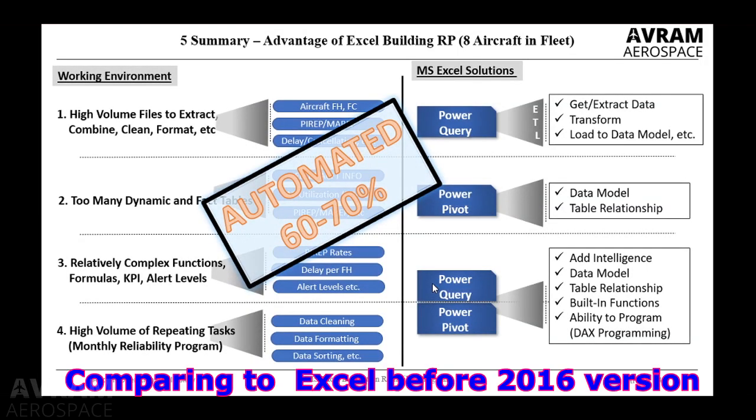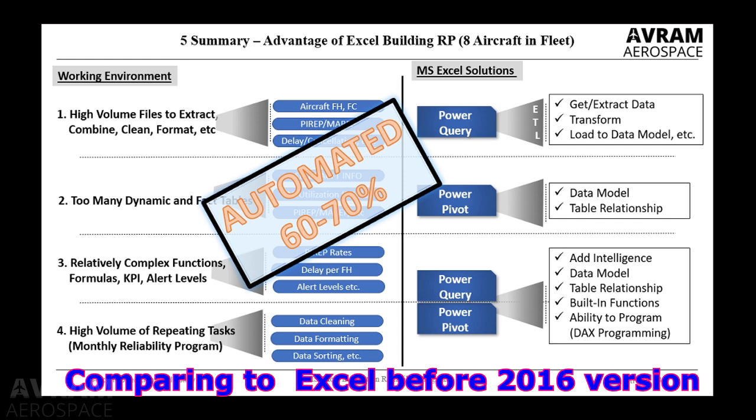We can automate approximately 60-70% of tasks. I'm on the conservative side because it depends on requirements, right? But we can say a minimum of 60% of tasks using new Microsoft Excel, from 2016 version tools.